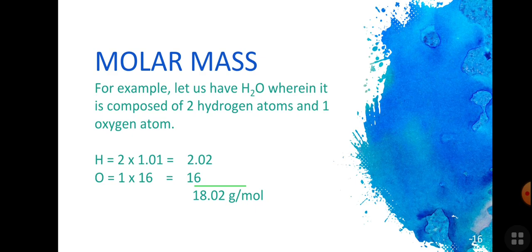So 2 times 1.01 gram per mole is equals to 2.02 gram per mole. Oxygen, on the other hand, is 1 times 16 gram per mole is equals to 16. So we add those two molar masses to have the molar mass of the compound water, which is equals to 18.02 grams per mole. So that's the molar mass of water.